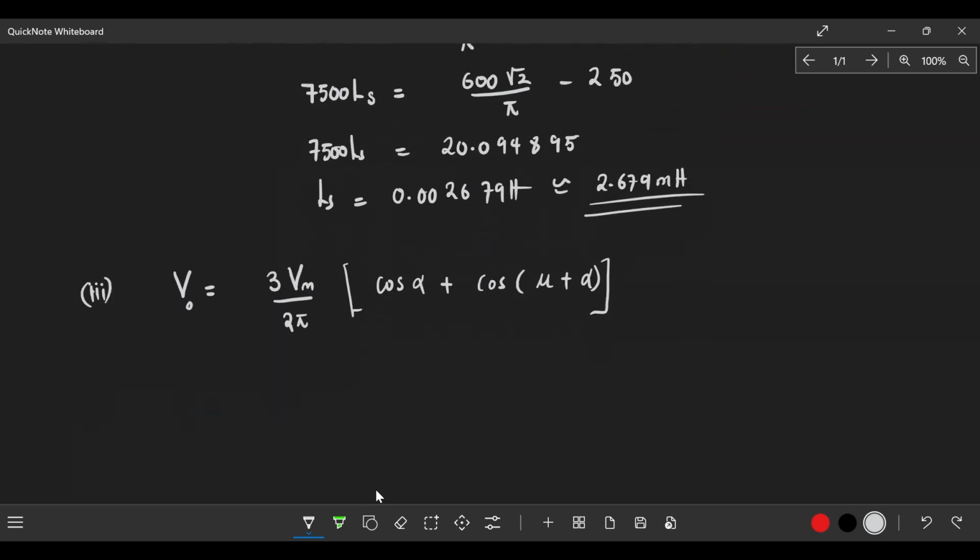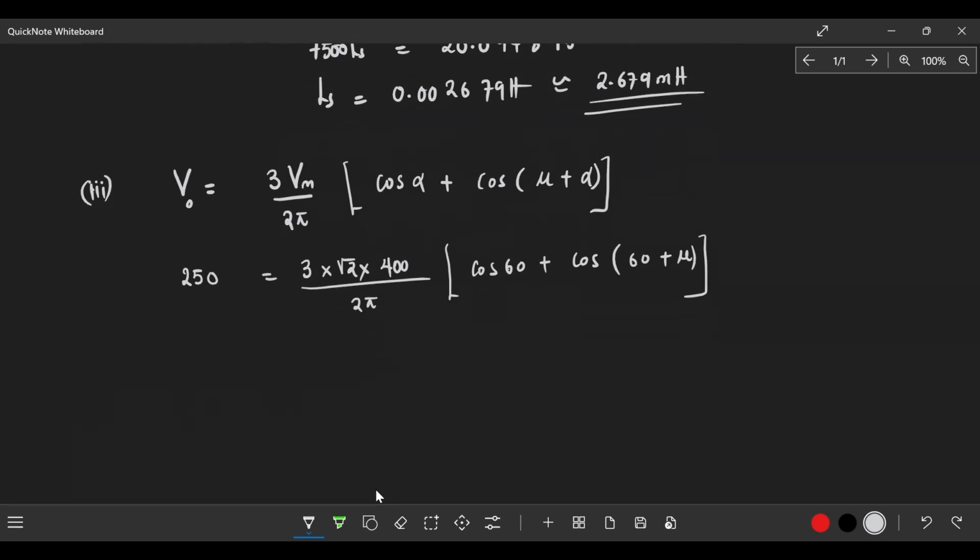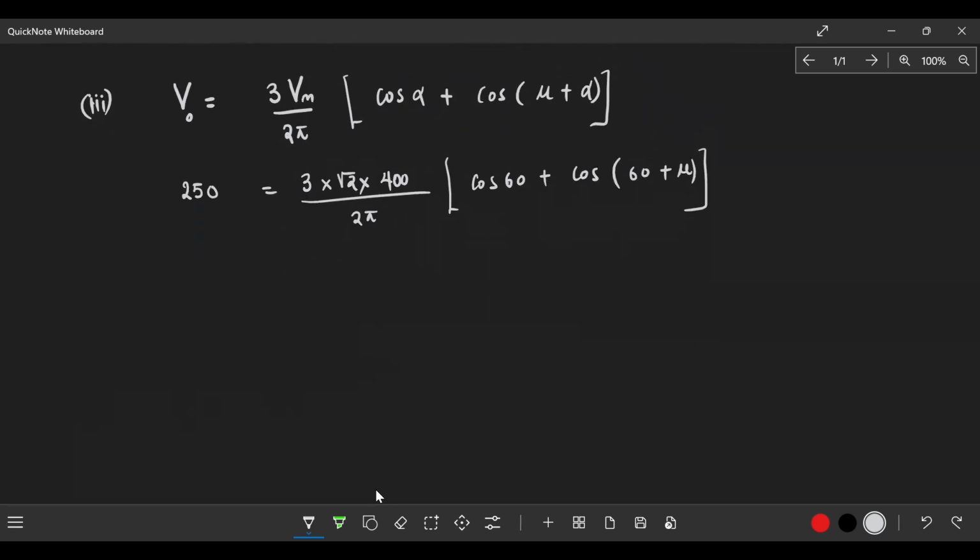So let us substitute everything. We know this is 250. This is 3 times root 2 times 400, divided by 2 pi, and then cosine 60 plus cosine of 60 plus mu. Then let us simplify this.